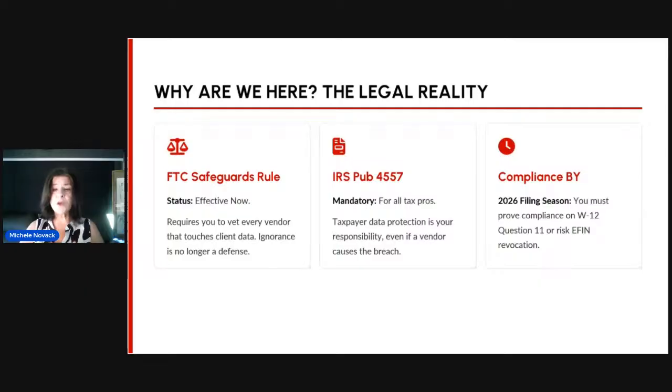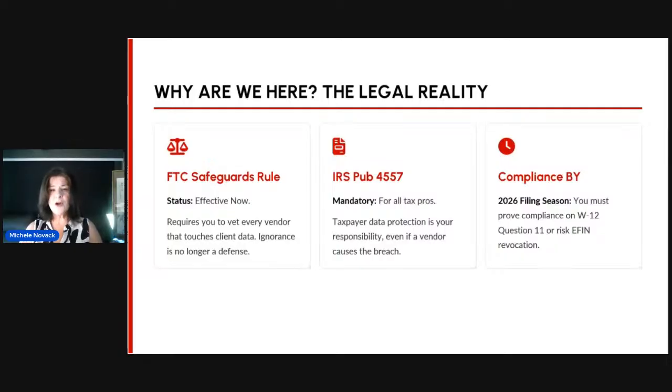If you've looked at question 11 on your IRS W-12 form, when you check that box, you're saying you have a security plan. You are testifying that you also have oversight and compliance over your vendors. If you check that box and you don't, essentially you're committing perjury.